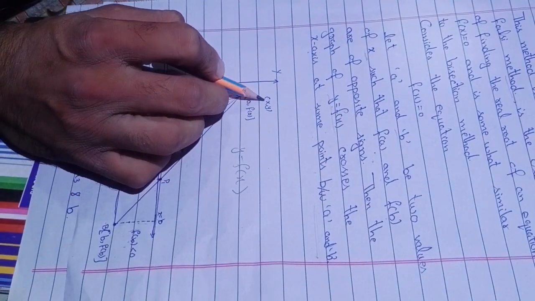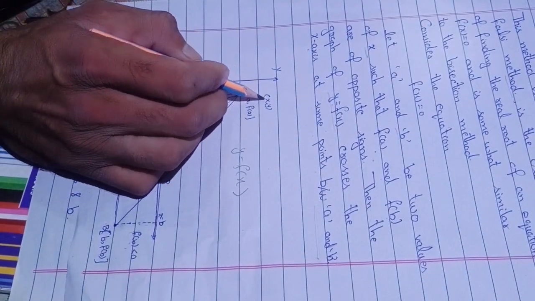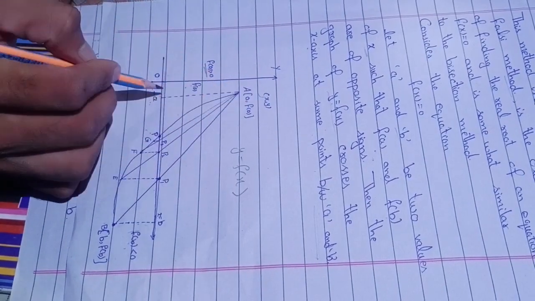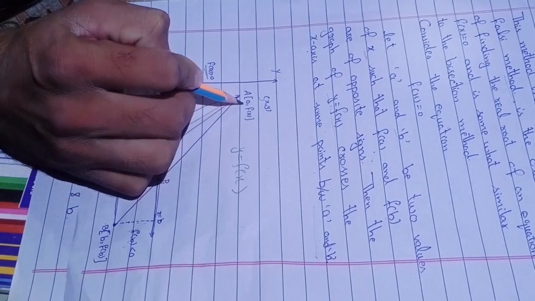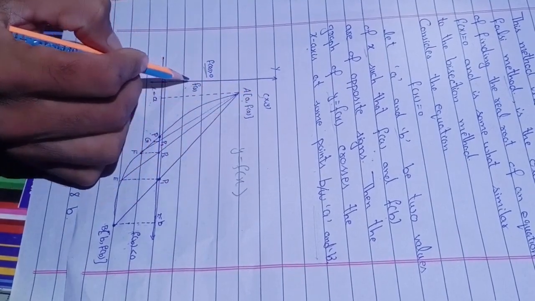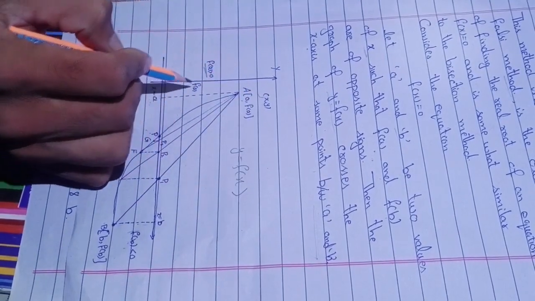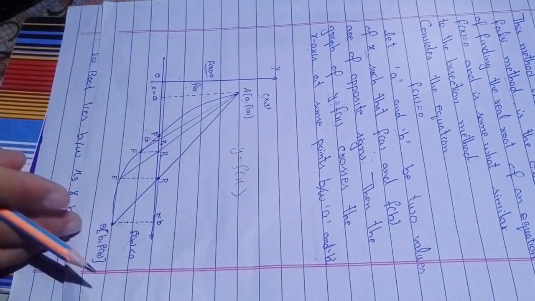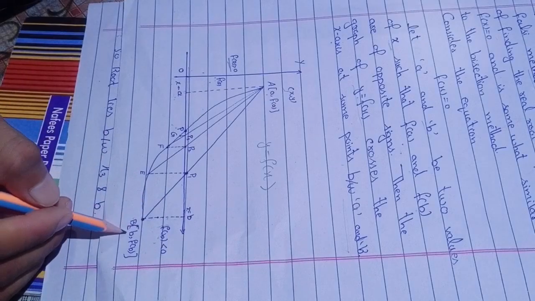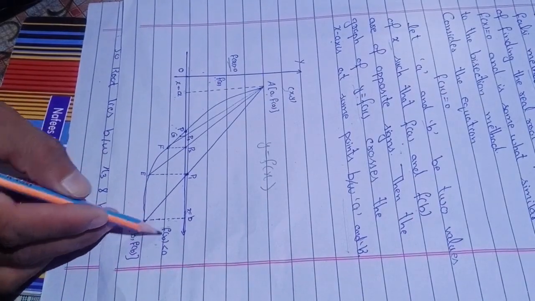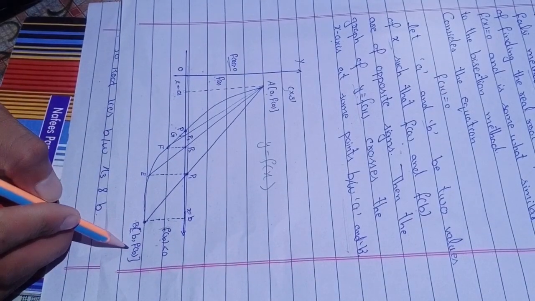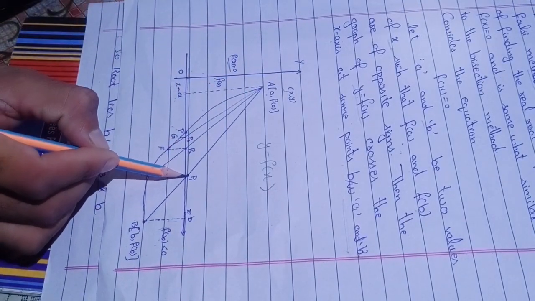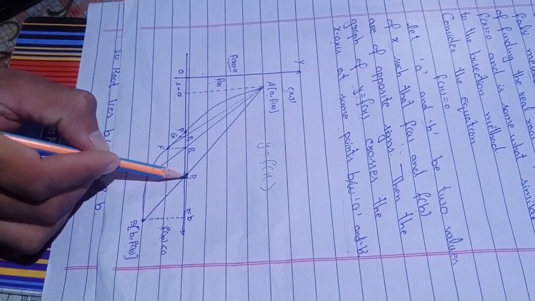We know that the coordinates of any point are x and y. We put x equal to a and y equal to f of a, because f of a is parallel to the y-axis. Similarly, x is b and y is f of b. These two points meet and we get another root P1.